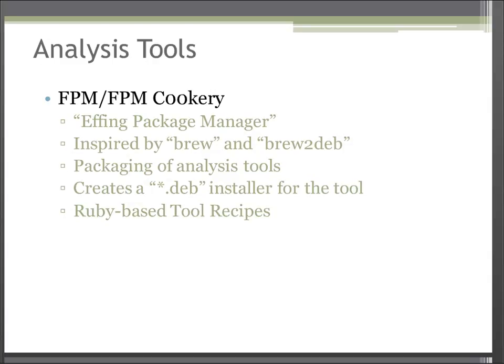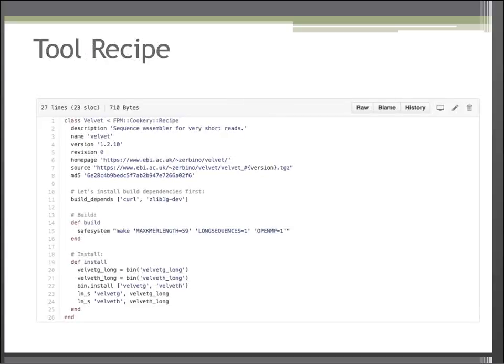This is just an example of a tool recipe that we are also maintaining and developing for the training platform. So in this example recipe file, it is basically telling the FPM cookery tool to download the source code for Velvet, and using the build blocks in here, it tells the tool to compile Velvet with these certain compilation flags.